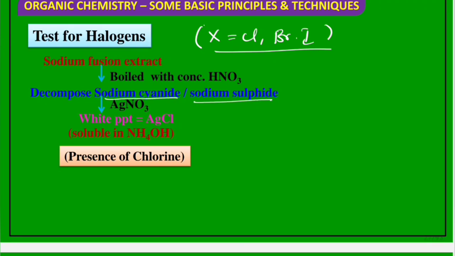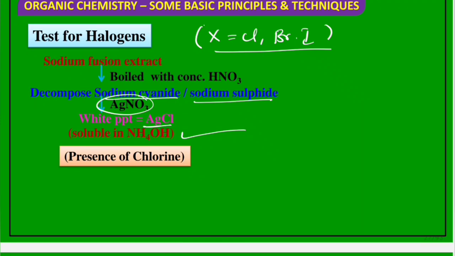Then it is treated with silver nitrate, AgNO3, solution, which gives a white precipitate of silver chloride. The silver chloride is soluble in ammonium hydroxide, NH4OH. This indicates the presence of chlorine.